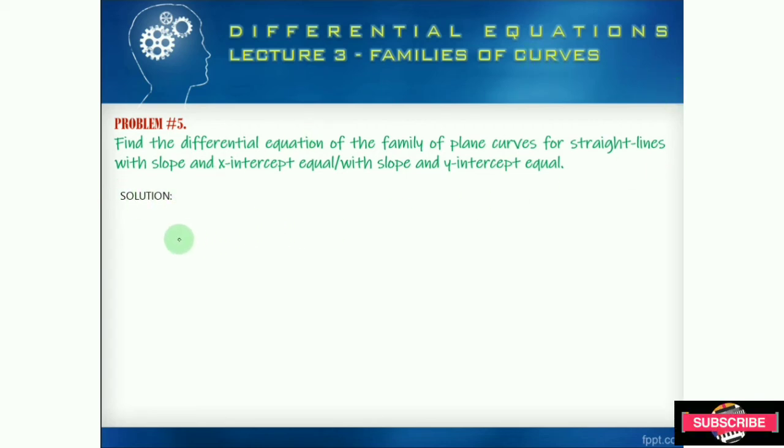I hope you can still remember this equation for the slope-intercept form of a straight line, y equals mx plus b. So how about if we are dealing with the intercept form only?